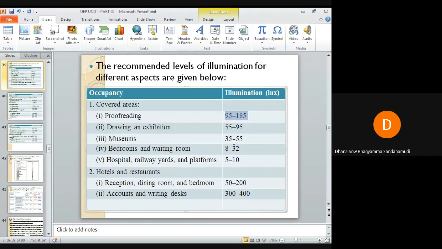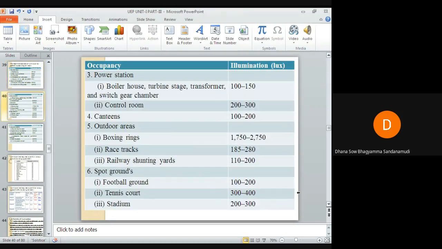In museums, 35 to 55 lux is required. In bedrooms and waiting rooms, 8 to 32. In hospitals, 5 to 10. In hotels and restaurants, at reception, dining room and bedroom, 50 to 200. At accounts and writing desk, 300 to 400. This is just to give you some information, that's all this data is.